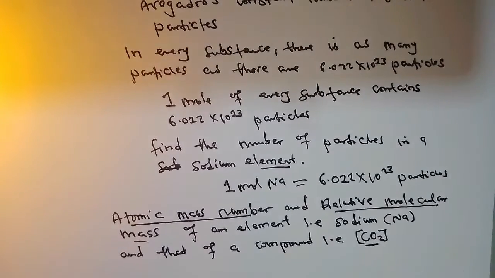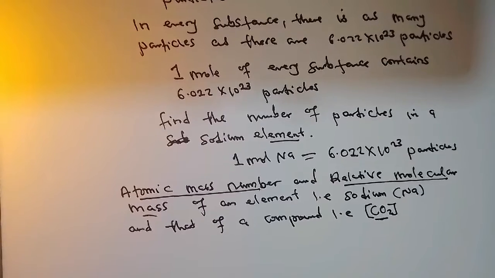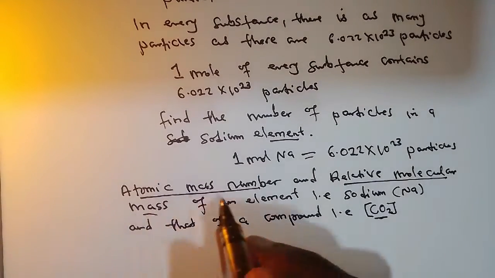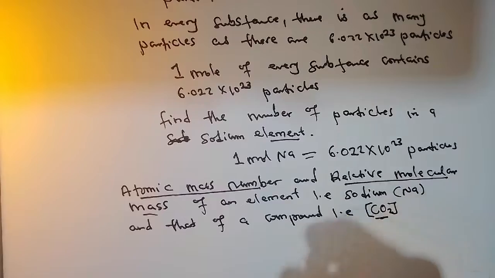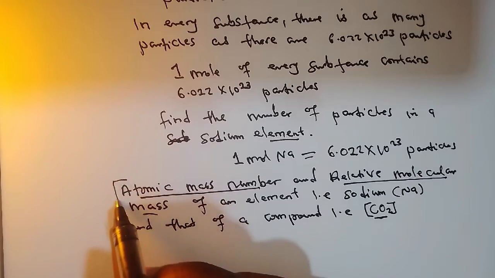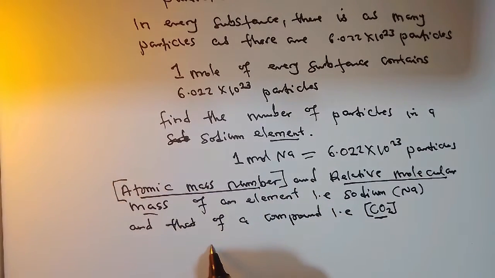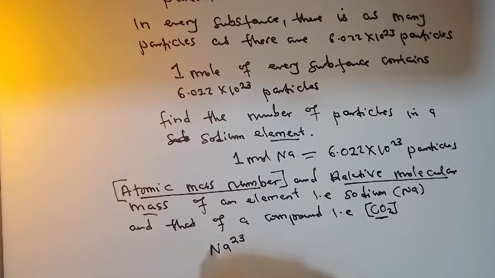So the key fundamental principle is for us to understand what is the atomic mass number, what is the relative molecular mass. So, for example, when I'm talking about the atomic mass number of an element, if I gave you sodium, when you check on the periodic table, it is written like this.